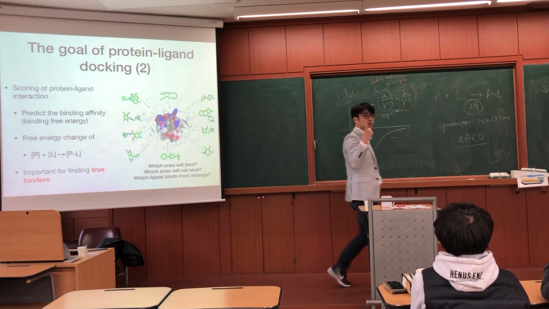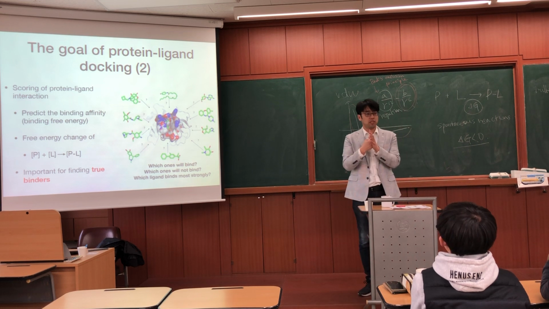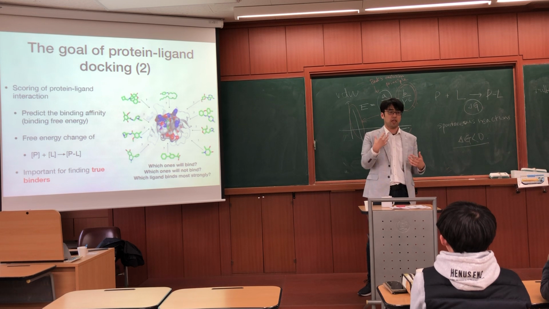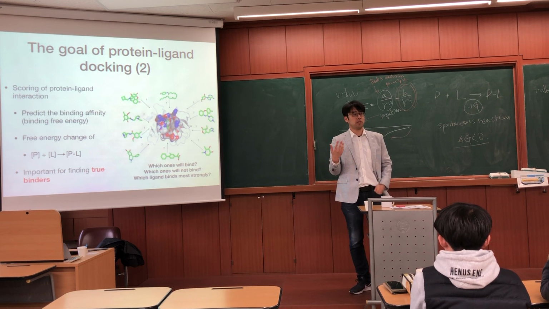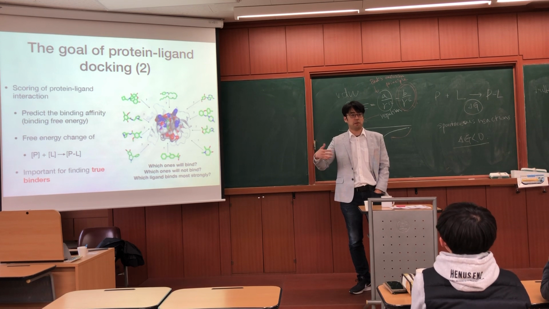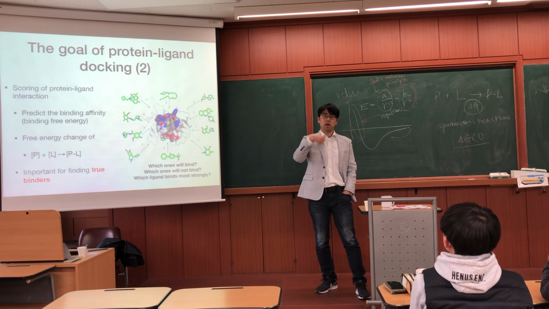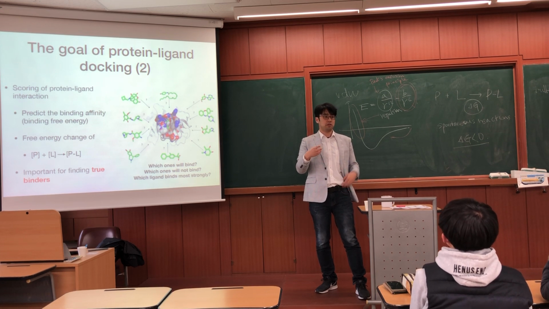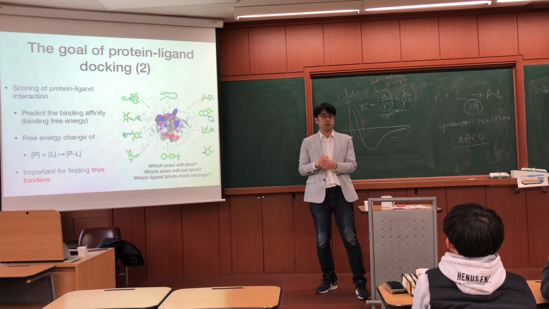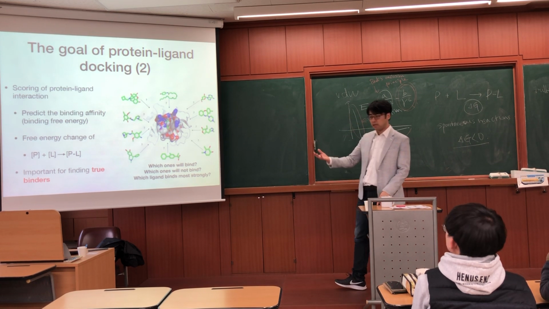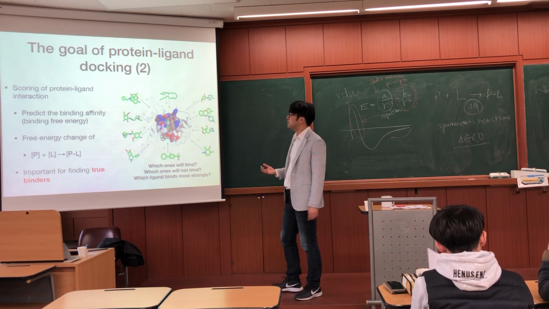Let's say we have to take about 10 milligrams. But if some ligand is 10 times stronger than that, we can only take 1 milligram of pills, right? We generally want small pills, we don't want to eat giant pills. So generally stronger binders are preferred, are better.